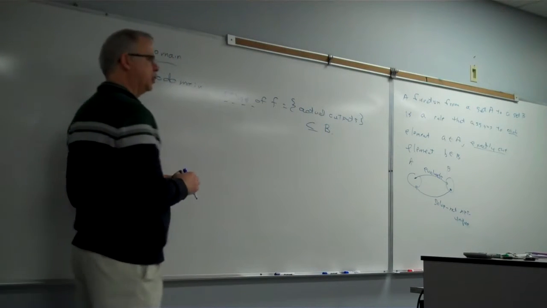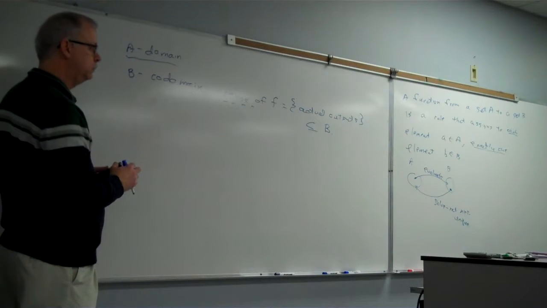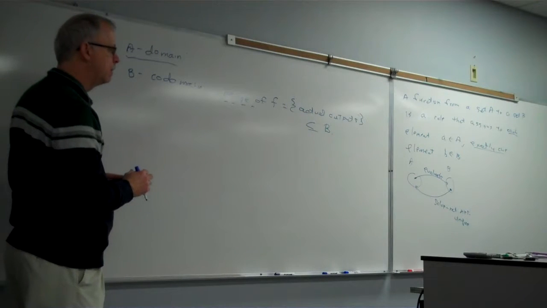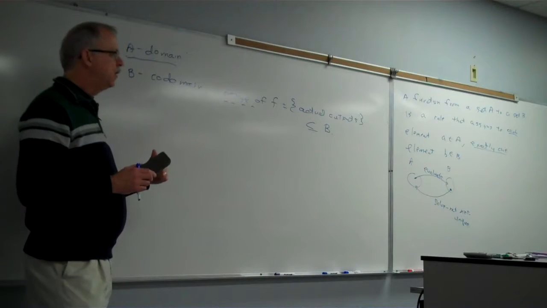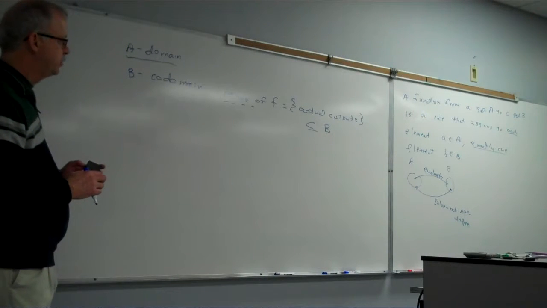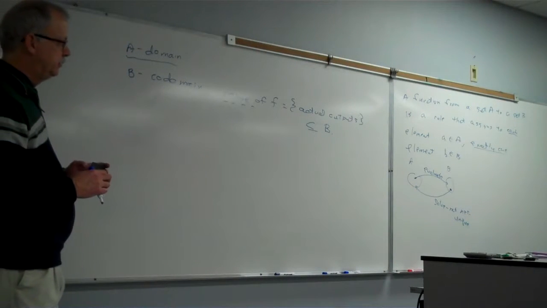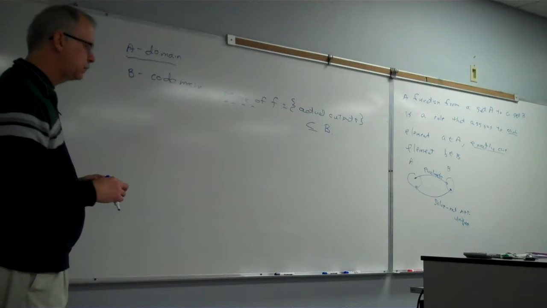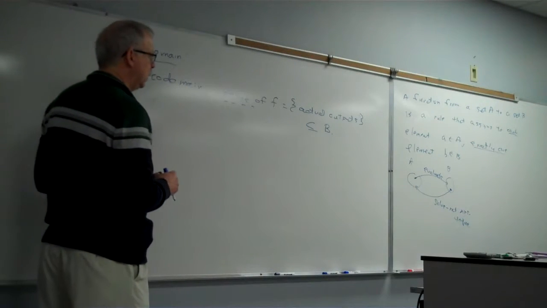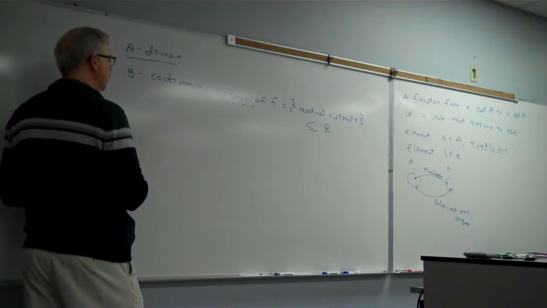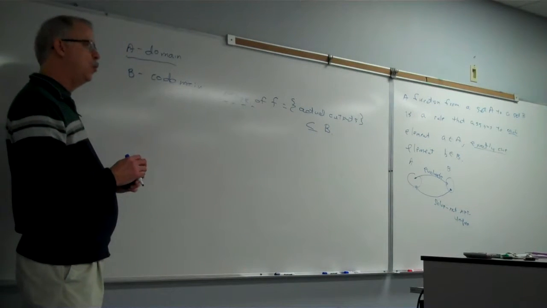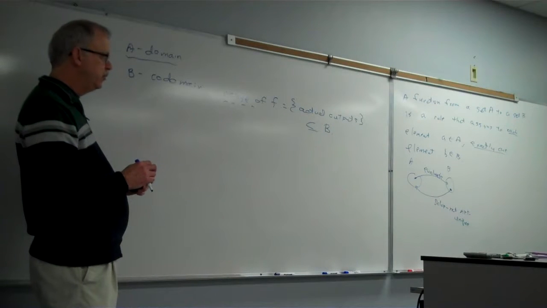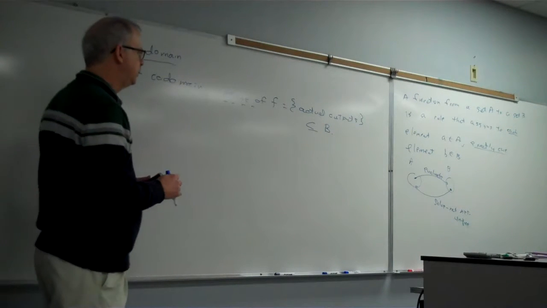Can we figure out what the outputs are? What we're going to do with functions, though, is not so much just evaluate them. But we're going to be looking at functions kind of in their own right.